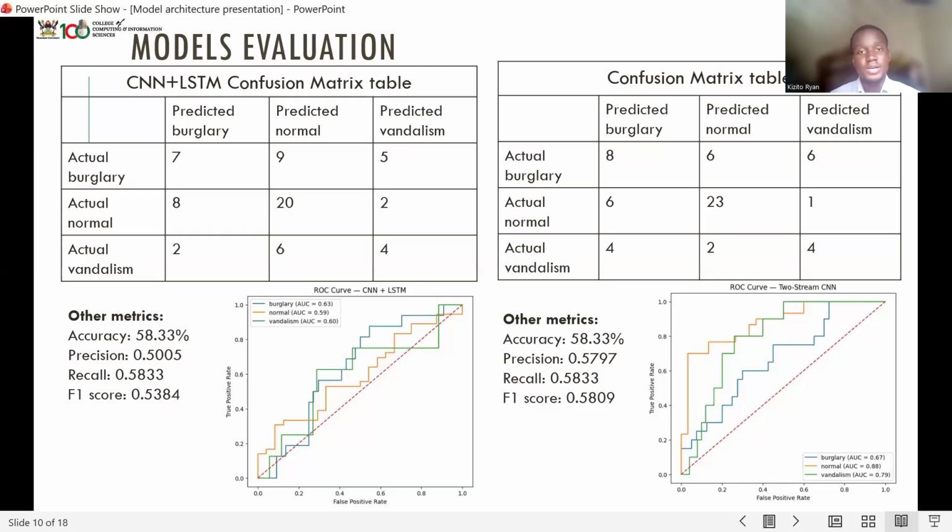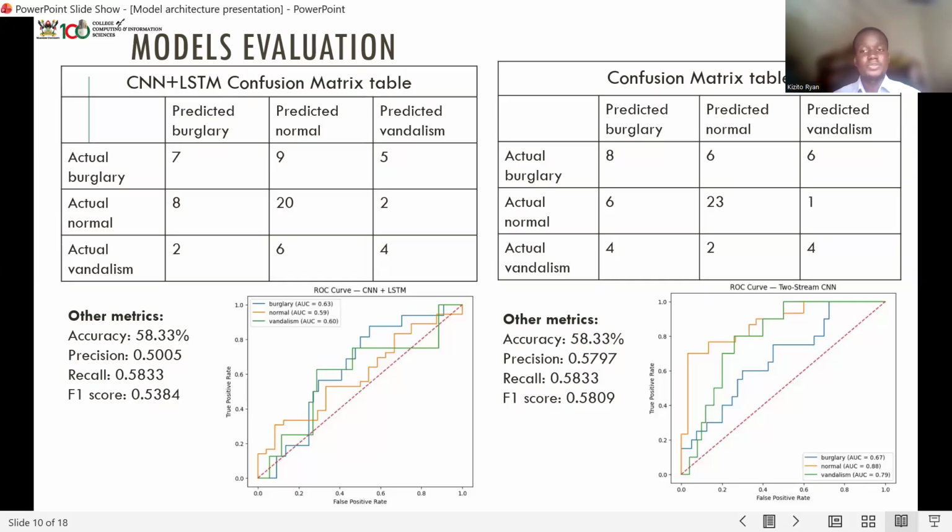But when you plot the ROC curve, from my screen, you will see that for burglary on the CNN LSTM side, it can predict burglary at 0.63. The curve works on a scale of 0 to 1, so the best prediction must have a score of 1. The lower it is below 1, it means the model may actually be guessing and not predicting. On the other side, it is 0.67.